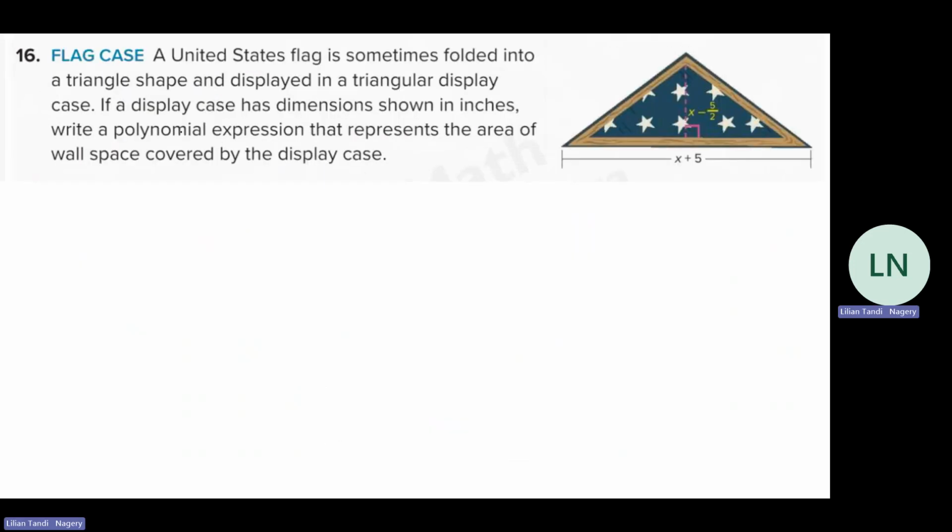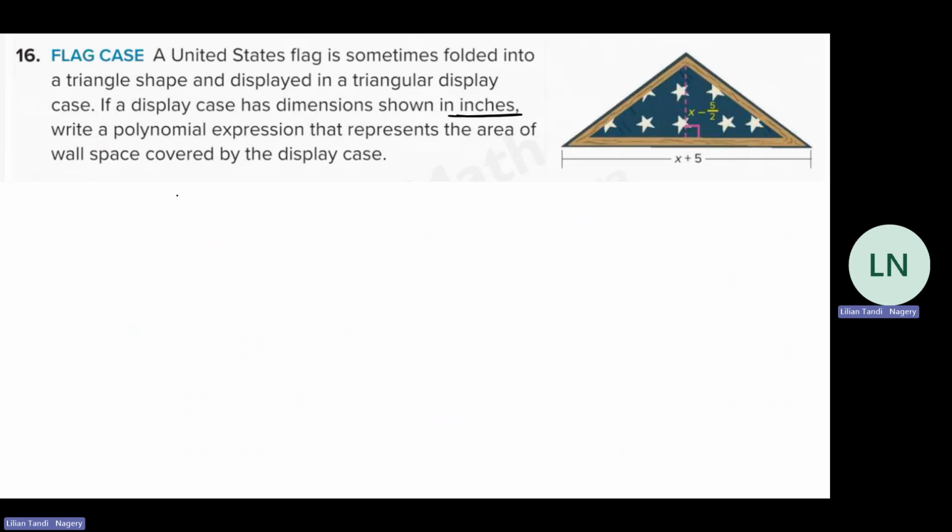Okay, a United States flag is sometimes folded into a triangle shape and displayed in a triangular display case. If a display case has dimensions as shown in inches, so your unit is inches, write a polynomial expression that represents the area of the wall space covered by the display case.